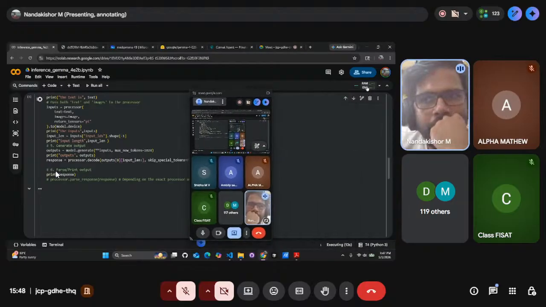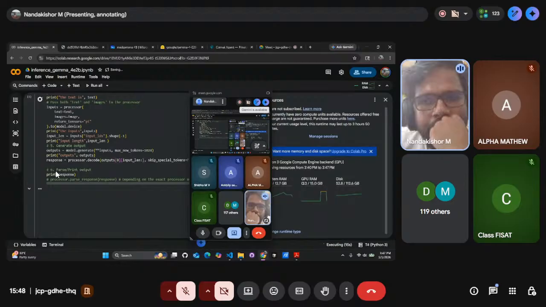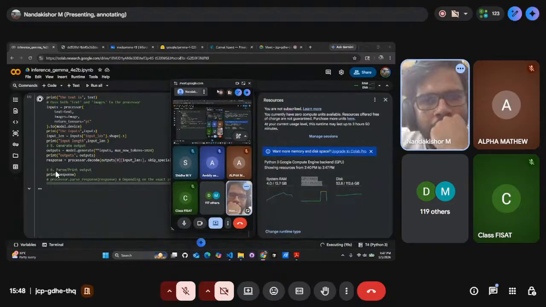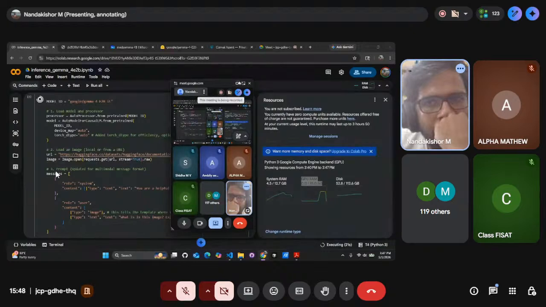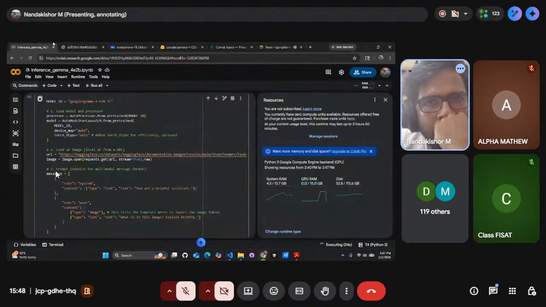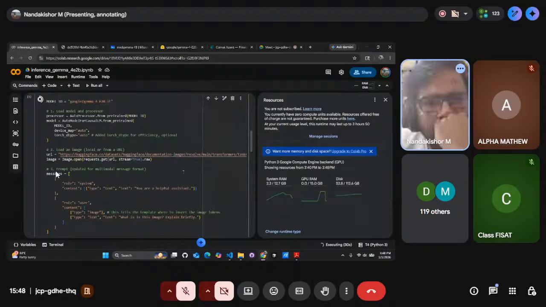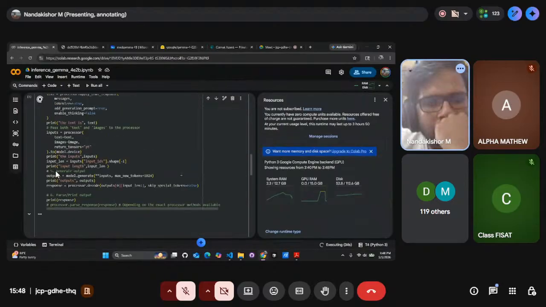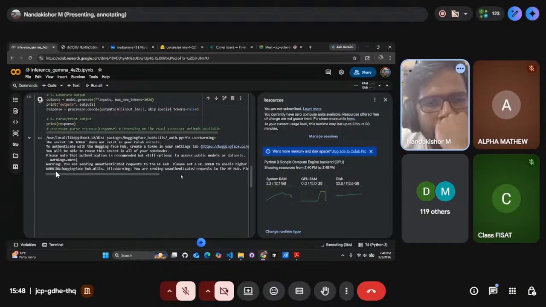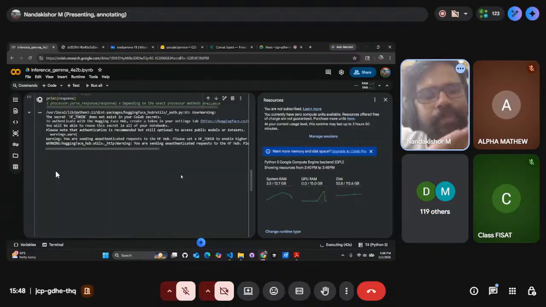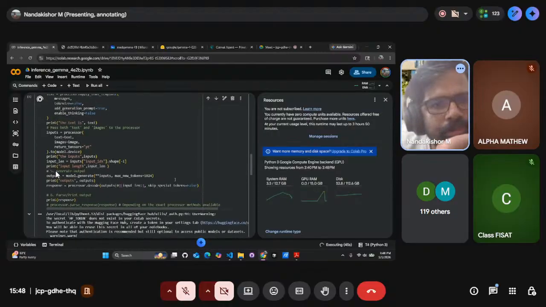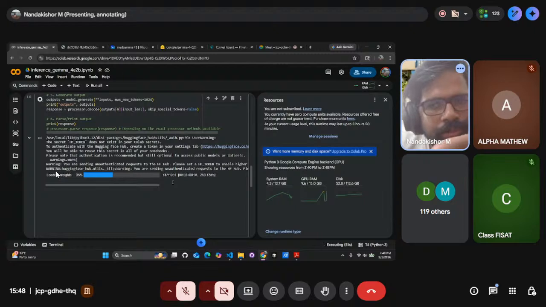You can always look at the GPU VRAM utilization to see whether it's actually using the GPU. You can see the GPU VRAM went up to 9.6.